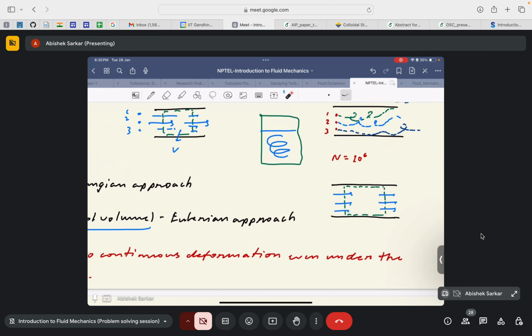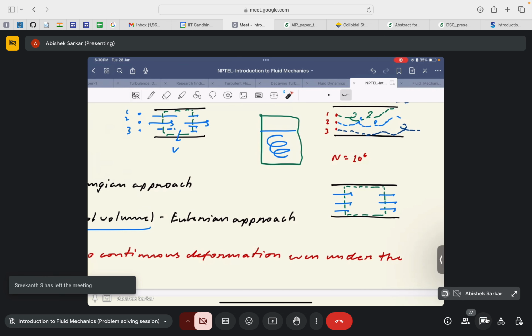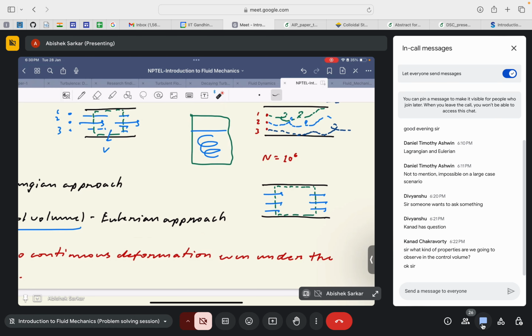But the Lagrangian approach comes with its own drawback, as it was mentioned by Daniel, that it's very, very costly. So just to tackle this high cost, and solve these problems in a cost-effective manner, we use the Eulerian approach. Okay, so I hope this is clear, Kanat, or was this something else that you wanted to ask? I hope this is clear.